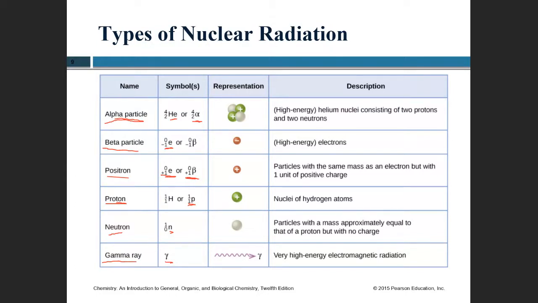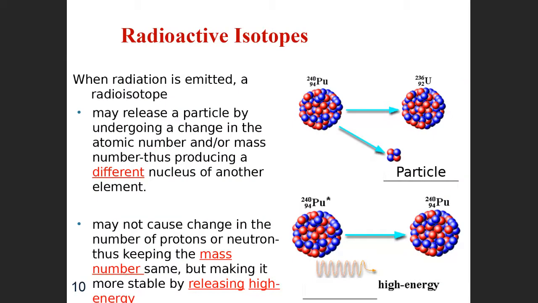Let's talk about them in detail. The radioactive isotope: we said that when we have a nucleus of a radioactive isotope, this nucleus may emit particles, so it will change to a more stable nucleus, of another element.